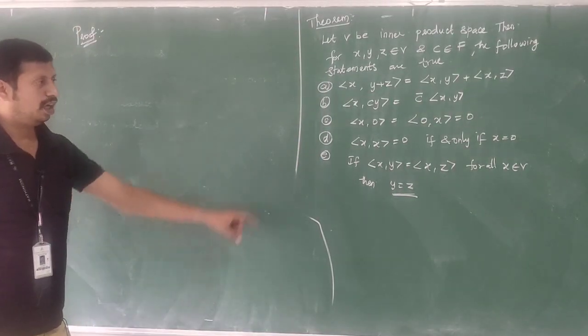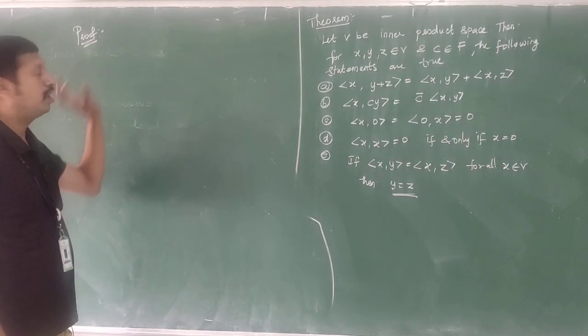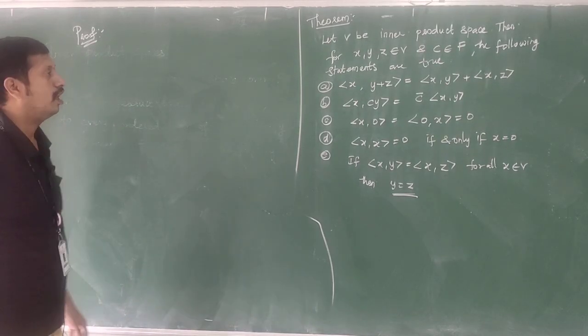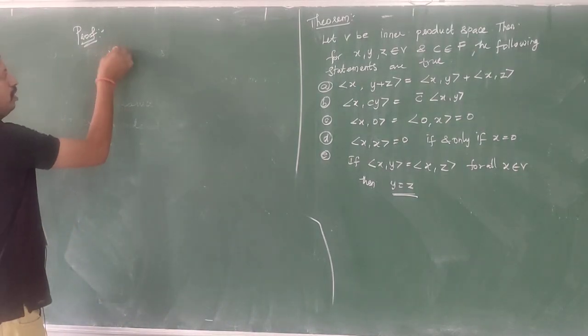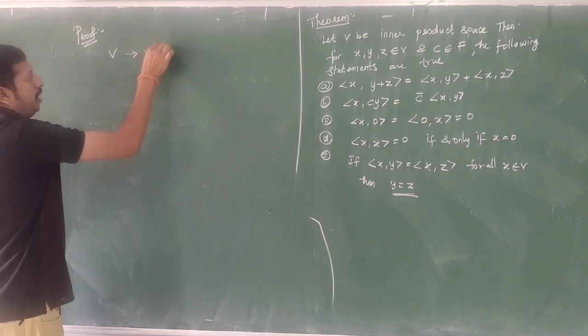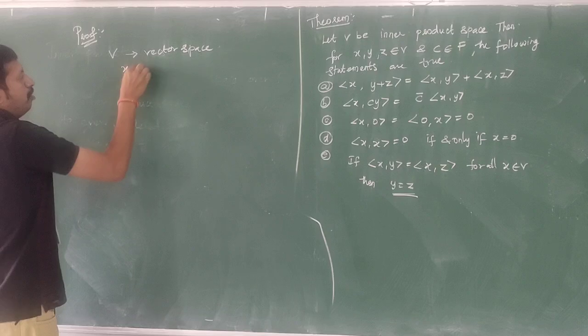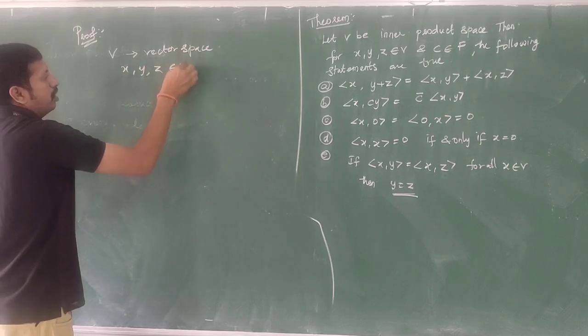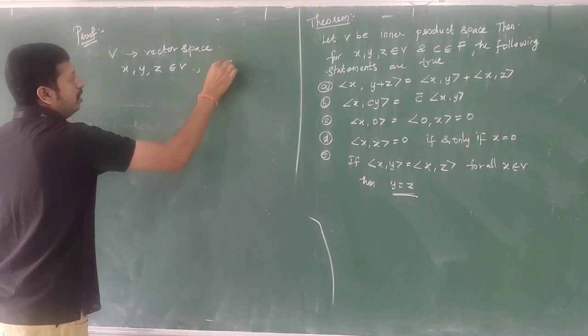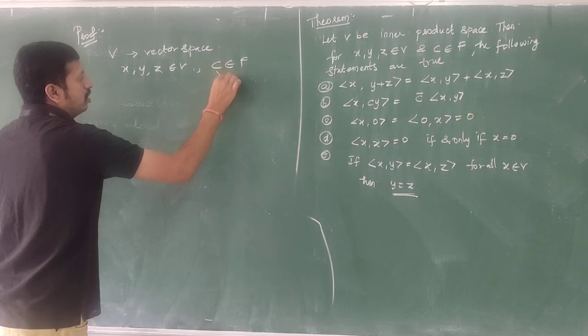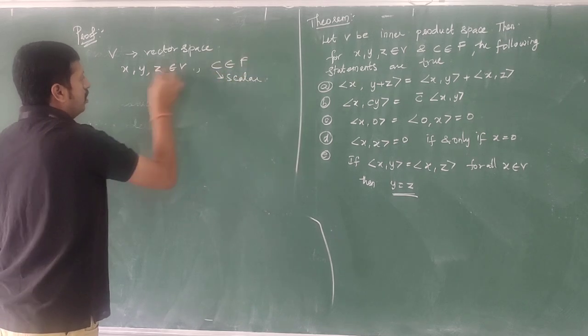Next, for the theorem we have to solve the proof. We already have V as a vector space, and x, y, z belong to V, these are the given conditions, and c is a scalar. These are all vectors.